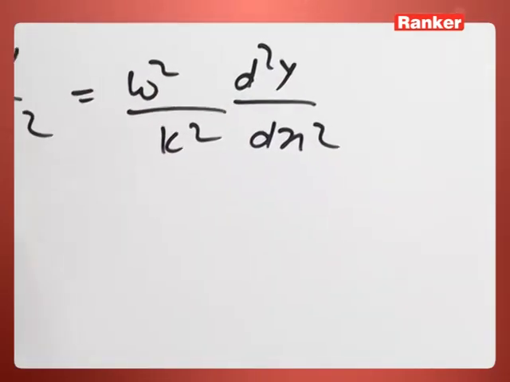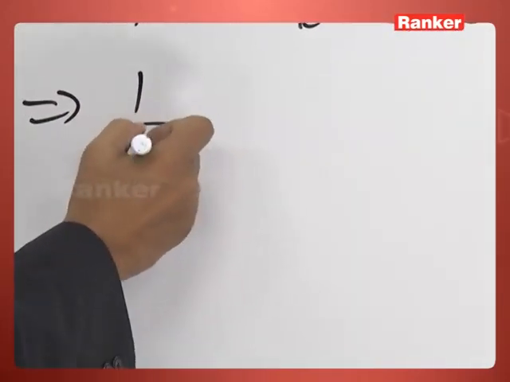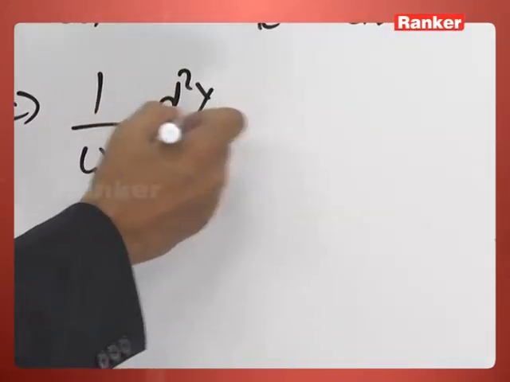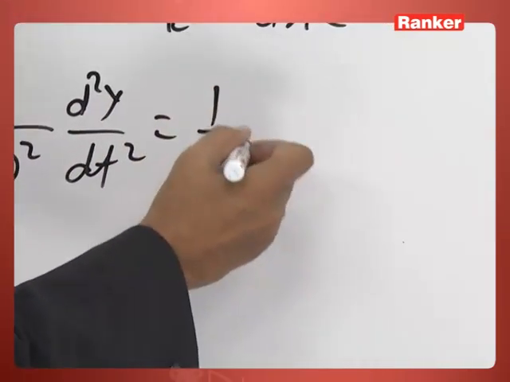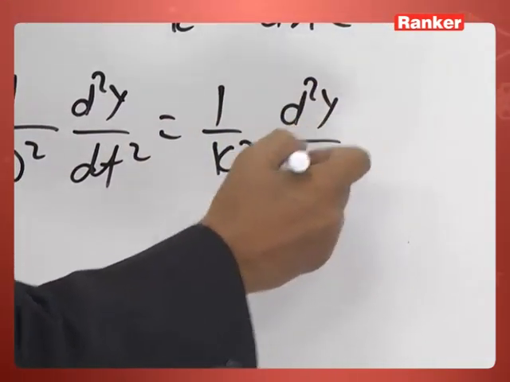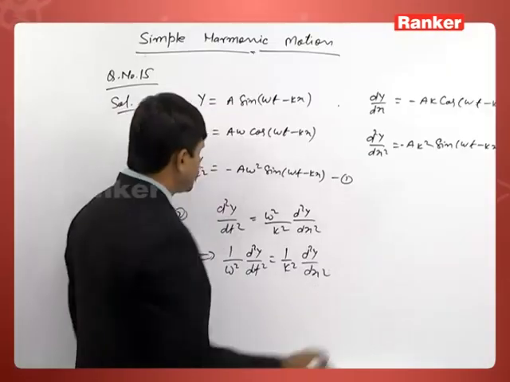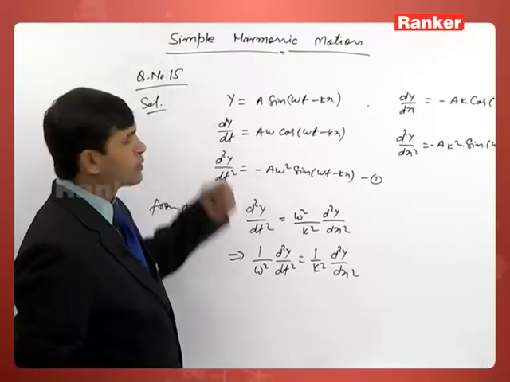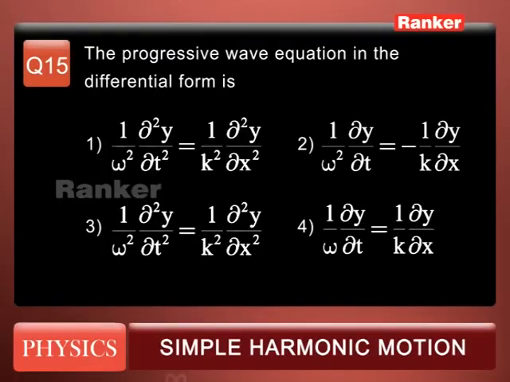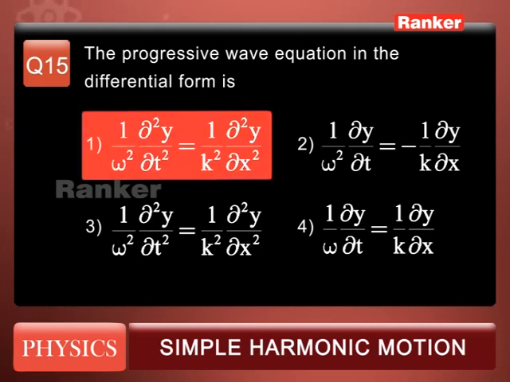So this is nothing but 1 by omega square d2y by dt square is equal to 1 by k square d2y by dx square. So this is the relation of the progressive wave equation. So option number 1 is the correct answer. So answer 1 is the correct answer.